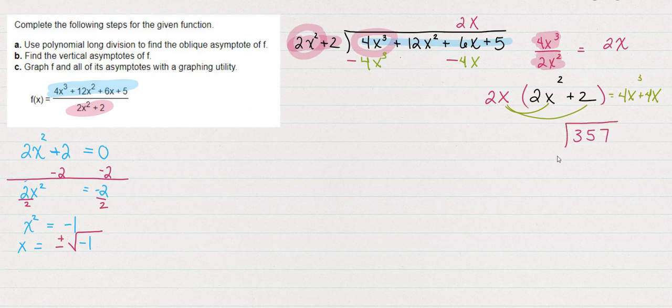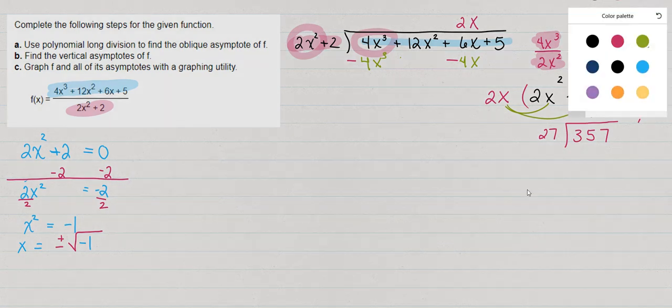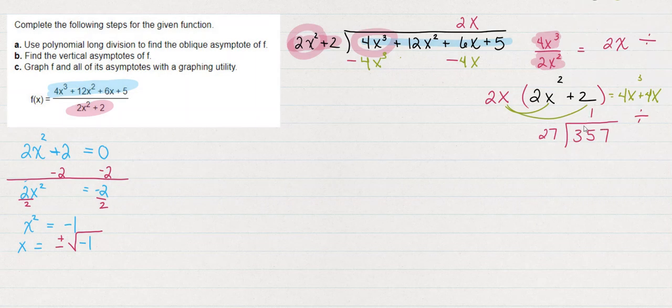If you go back to an old-fashioned long division problem, do you recall this? I would do 35 divided by 27 is 1. That was the division, and that's what I did here. And then I would say that 27 times 1 is 27.